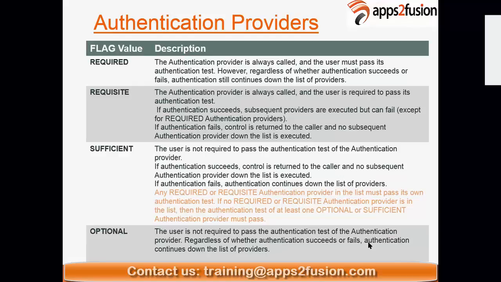You can set all three authentication providers to required, meaning none of them should be skipped. Or suppose I have three authentication providers A, B, C: A is required, B is sufficient, C is optional. Yes, you can do that.